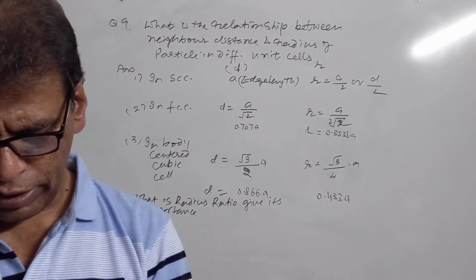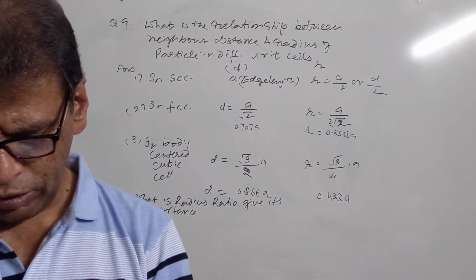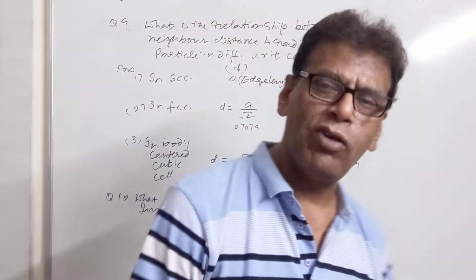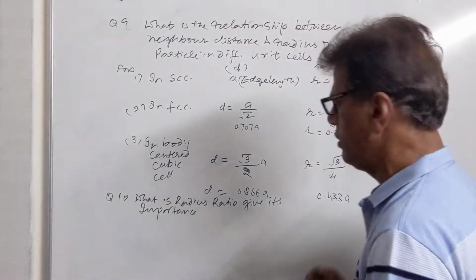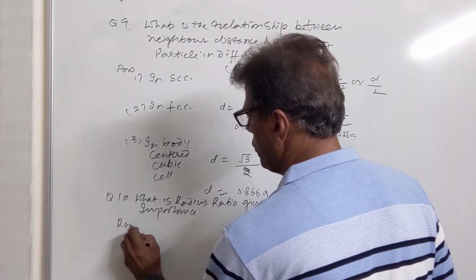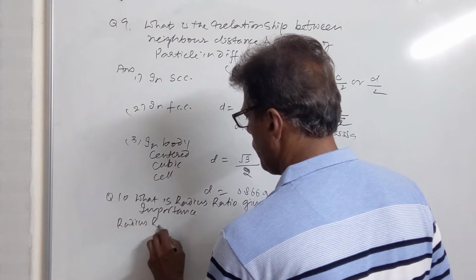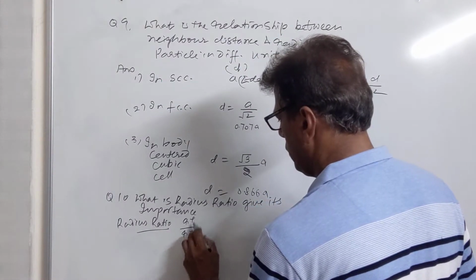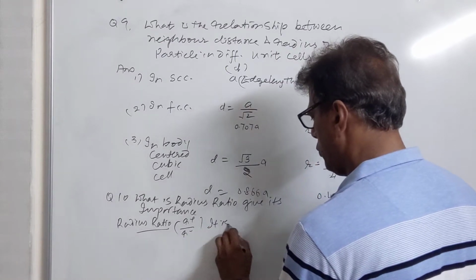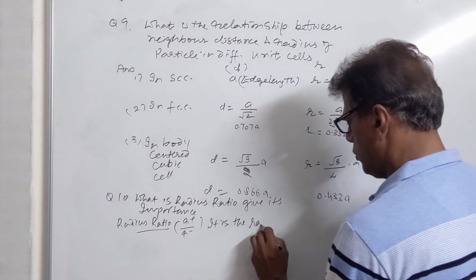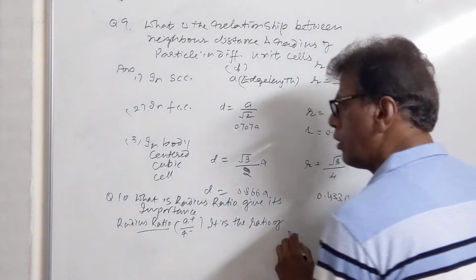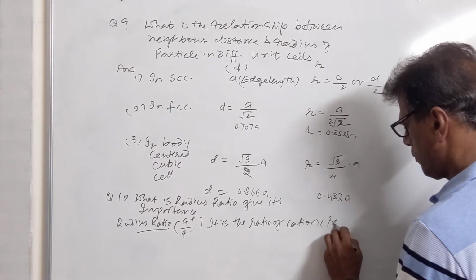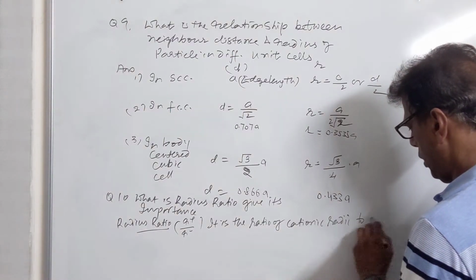If we know the radius ratio, we can easily calculate the coordination number and the structural arrangement of the ions in the crystal lattice. So first of all, we define radius ratio, that is R positive upon R negative. It is the ratio of cationic radii to anionic radii.